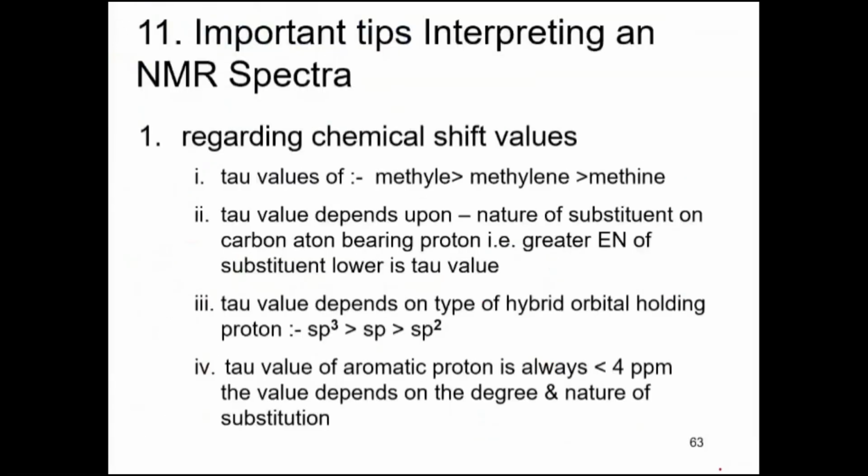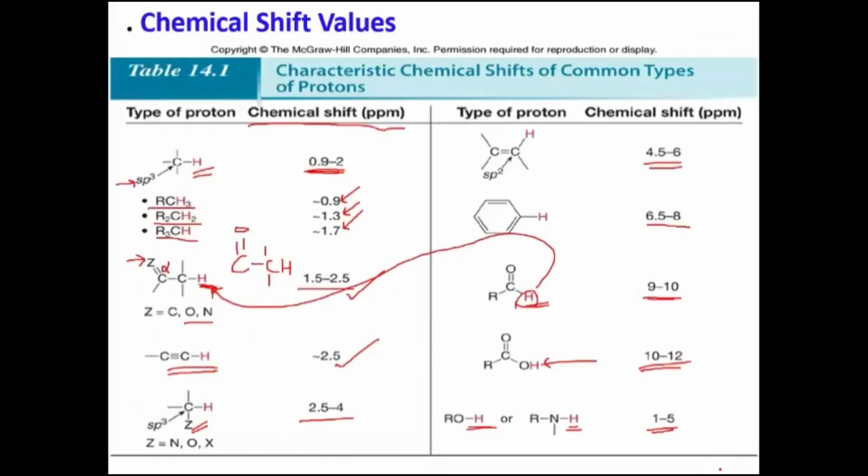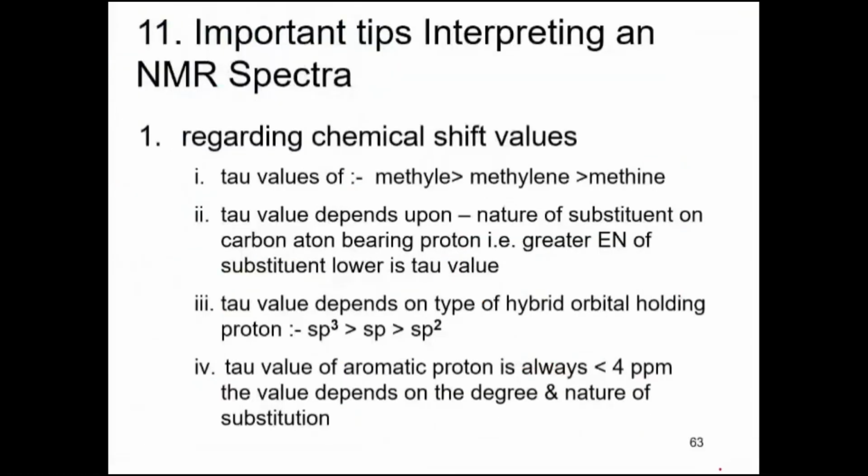So, important tips for interpreting an NMR spectrum. The first set of rules is regarding chemical shift values, that is the shift values we have seen over here. So tau value or delta value, the relationship between tau and delta is tau is equal to 10 minus delta. So tau values of methyl will be more than methylene, more than methine.